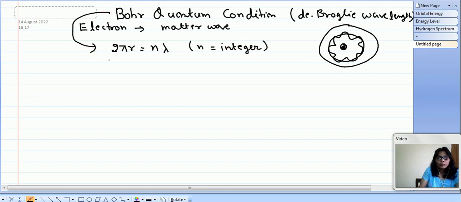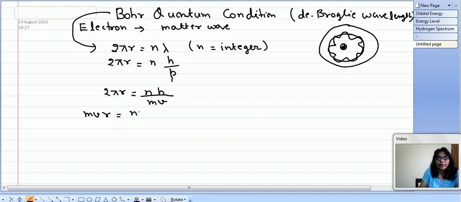And from this quantum condition we can derive the second postulate. Using the de Broglie wavelength, lambda is equal to h by p, then 2 pi r is equal to n h upon p. P is the linear momentum, which is mv. So here mvr is equal to n h upon 2 pi.